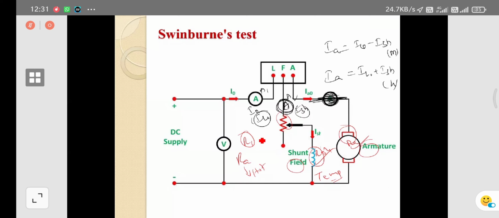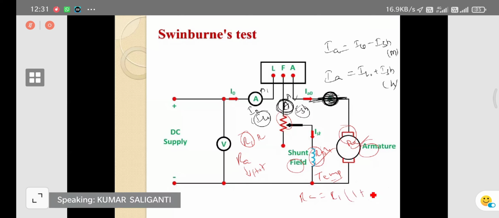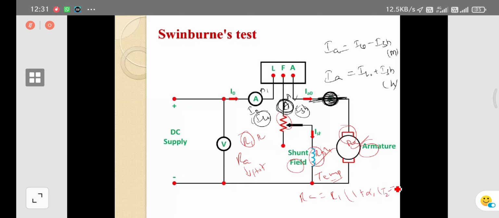So finally RA equals R1 times (1 plus alpha times (theta 2 minus theta 1)), where alpha is the temperature coefficient of resistance.